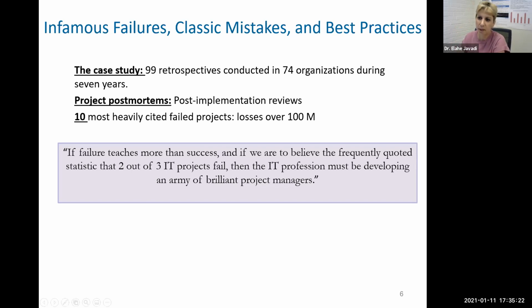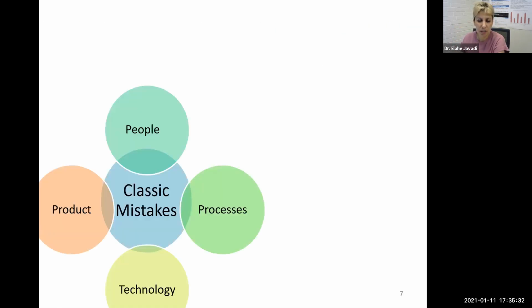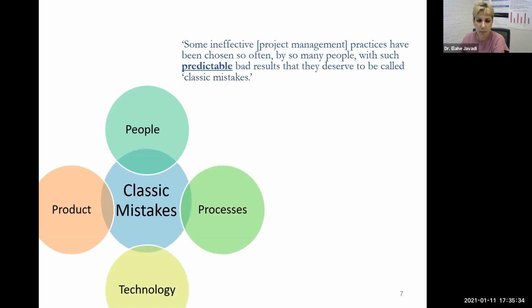And we told you there are many reasons we're not learning, and one of them is that we don't spend enough time on evaluation. So there is some sort of insanity going on in the world of IT projects. They did categorize the classic mistakes, those mistakes that were happening again and again, into 4 classes: people related, product related, process related, and technology related.